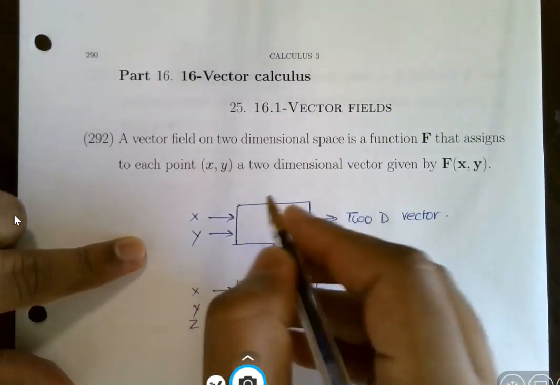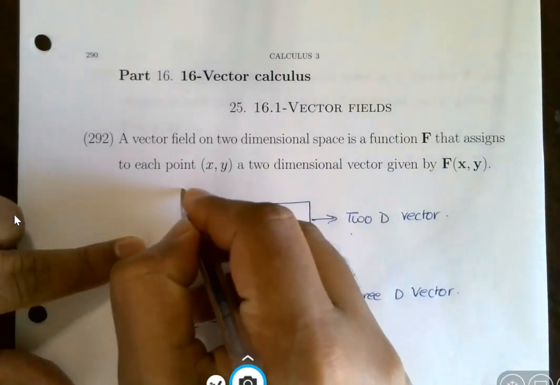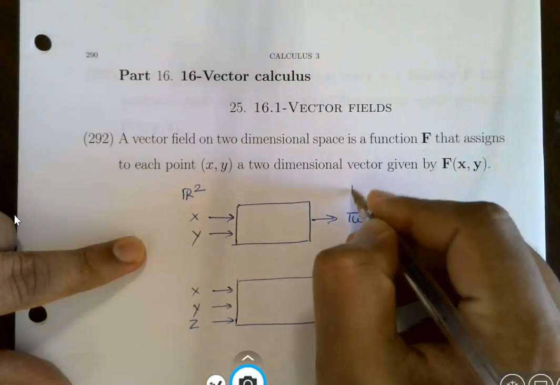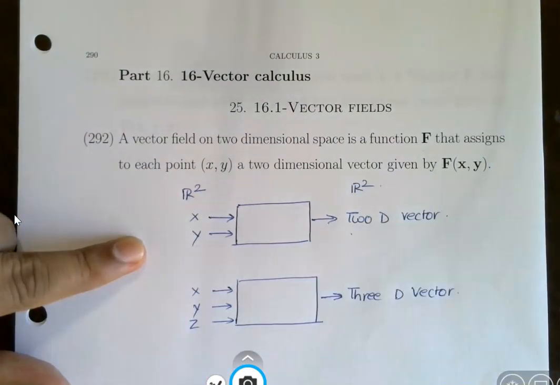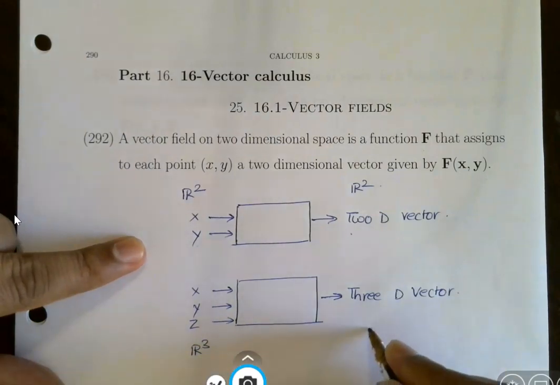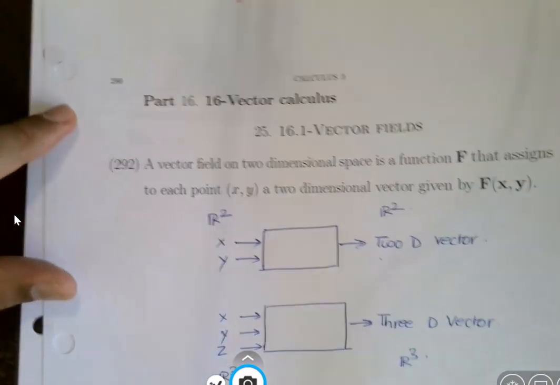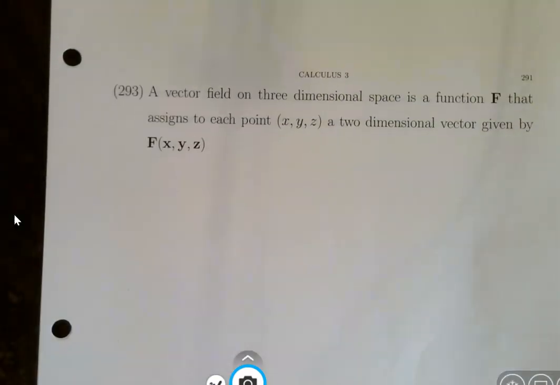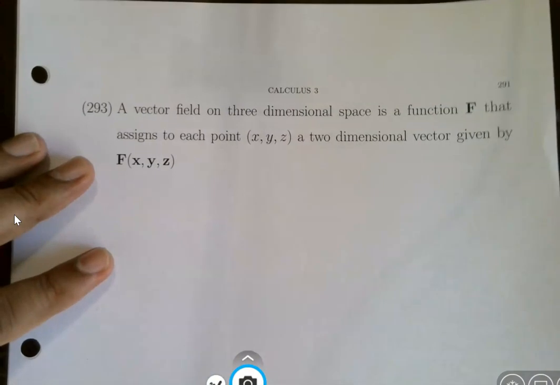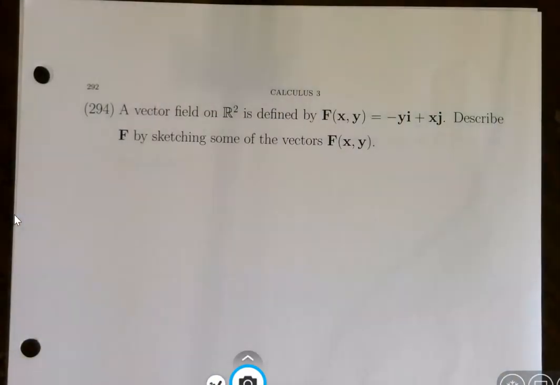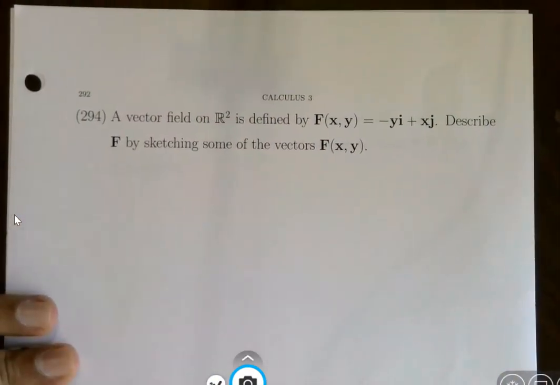So in a two-dimensional vector field, your domain is R squared, your range is also R squared. In a three-dimensional vector field, your domain is R cubed, and your range is also R cubed. That's what you need to understand. That's what I talked about, the three-dimensional vector field in the previous slide. So now let's go ahead and do an example on the vector field.